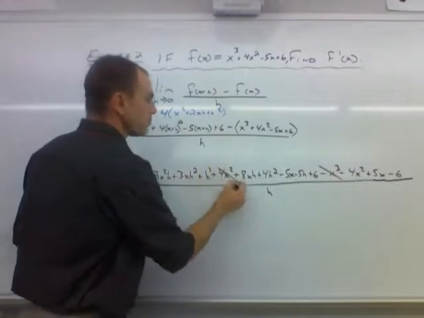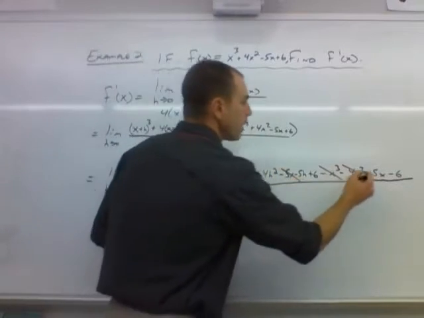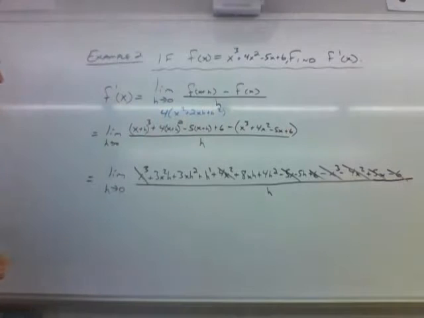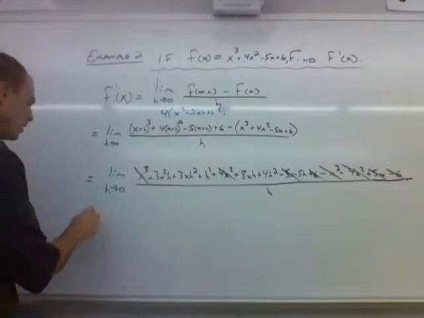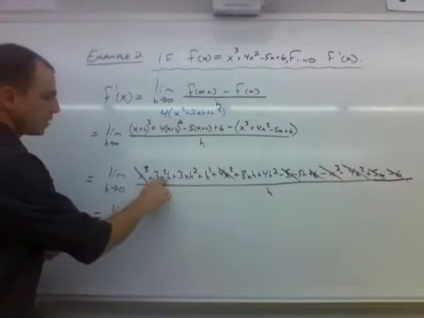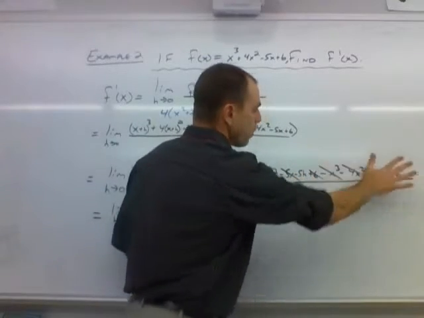And then we have 4x squared minus 4x squared. And then we have minus 5x and plus 5x. And then we have plus 6 and minus 6. So the only terms that are left should be h terms. And it looks like that is the case. So we have the limit as h approaches 0, h term, h term, h term, h term, h term, h term. That all cancels out.